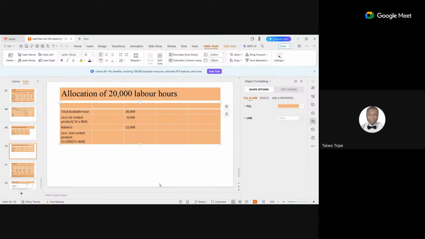Take note of this. So for you to get 12,000, it will be 800 multiplied by 15. We're going to have 12,000. So the balance will now be what now? 0.